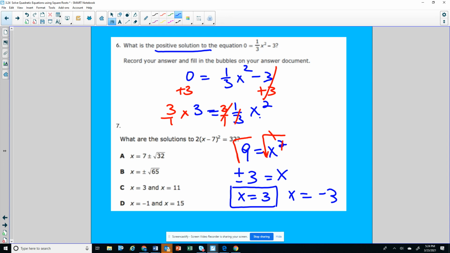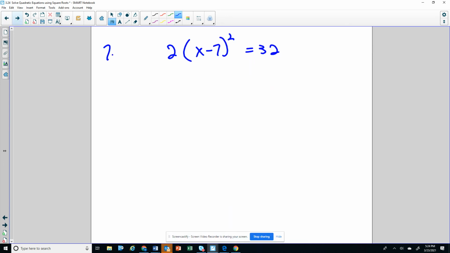So again, we're going to start with x. I want to isolate my square term, right? So I'm going to divide by 2 here and divide by 2 there. That goes away, so I'm left with x minus 7 squared, and that is equal to 32 divided by 2, which is 16.